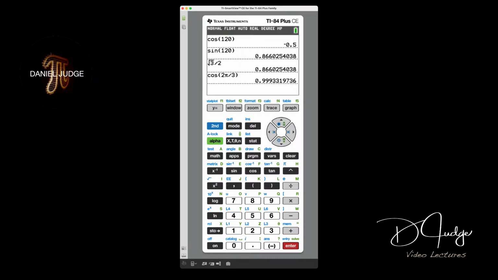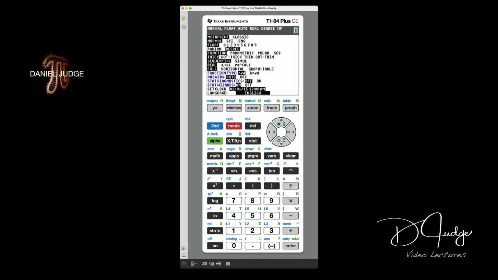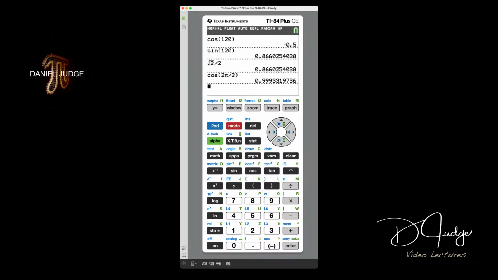Hold on. Uh-oh. What happened here? Let's go to mode. We didn't change it to radian. That's what happened. Okay, we just changed it to radian here. So, do it again.